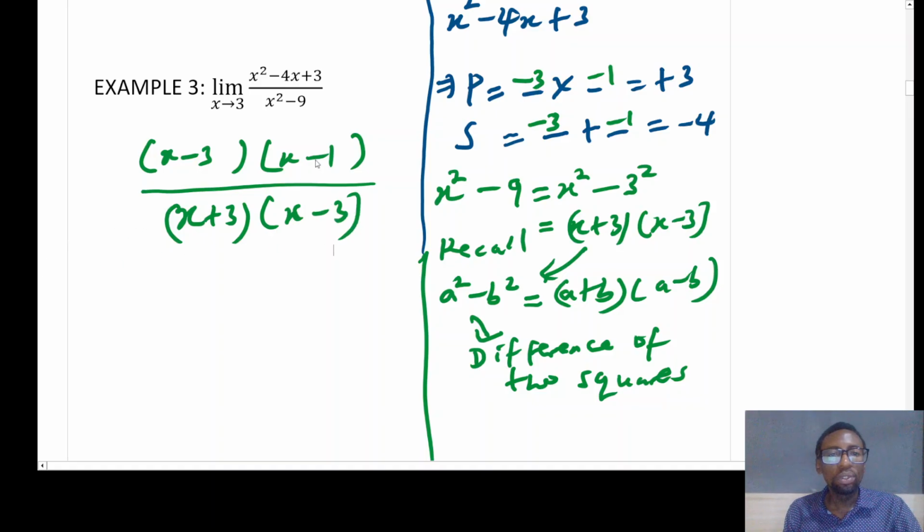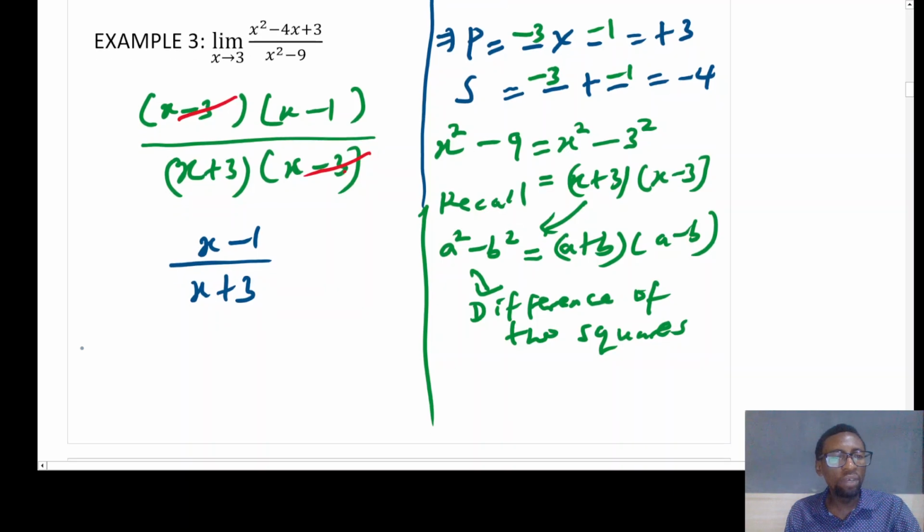Let's see. There's x minus 3 here and x minus 3 here, so this cancels this. I'll be left with x minus 1 over x plus 3. At this point I can substitute the value for the limit.